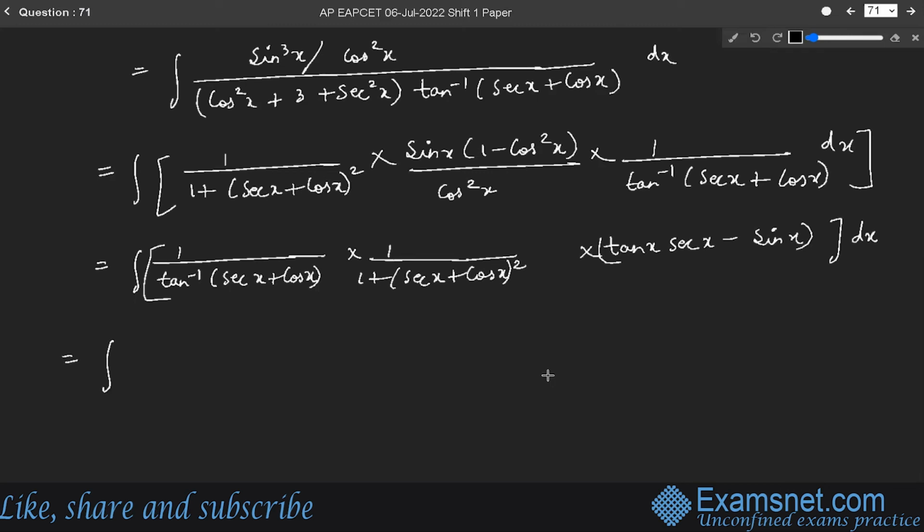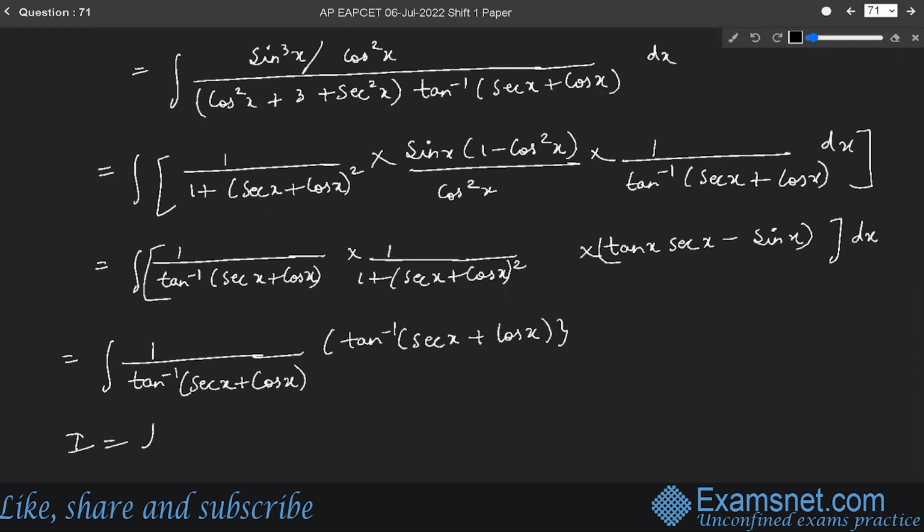So it will be equal to integral of 1 upon tan inverse sec x plus cos x into d of tan inverse sec x plus cos x. Therefore, I will be equal to log base e mod of tan inverse sec x plus cos x plus c.